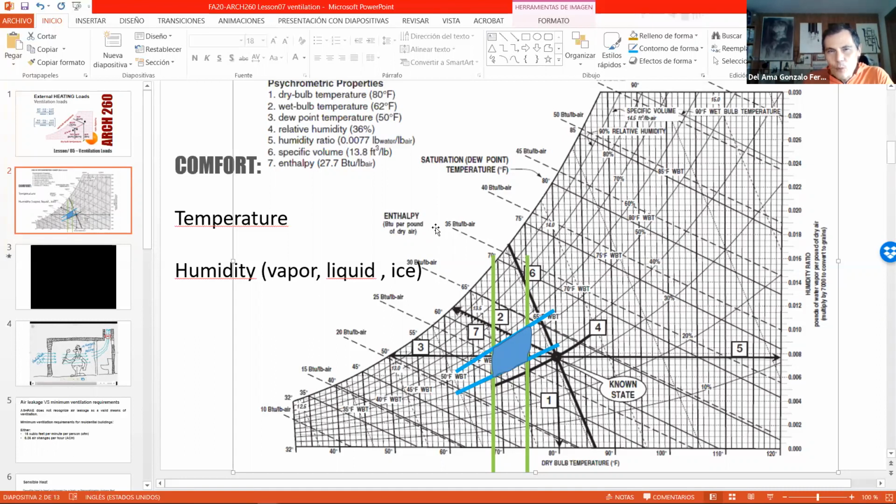Next week, we will define all these concepts, the dry bulb temperature, the wet bulb, the dew point, relative humidity, humidity ratio, specific volume, and enthalpy. Okay, so all these concepts, we need to become familiar with all these concepts because everything is here. So sometimes we understand temperature, especially the dry bulb temperature. I think we all can understand relative humidity because if it's too high, we feel that there's something wrong there.